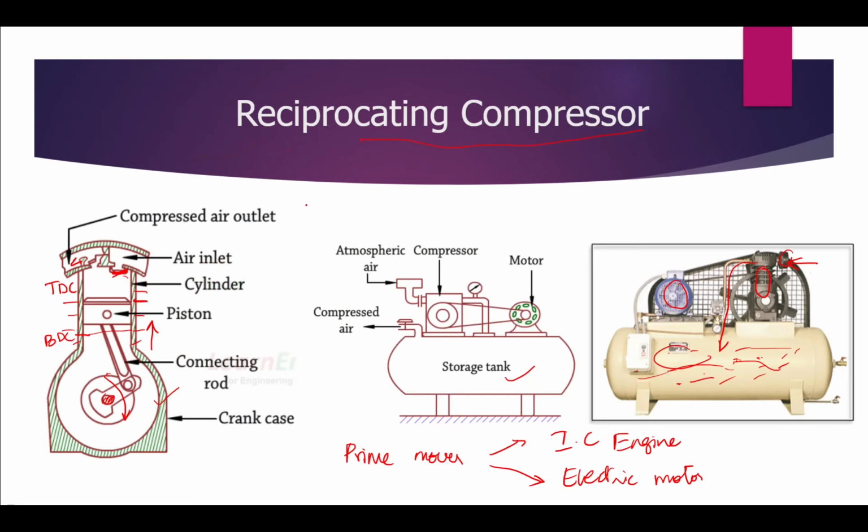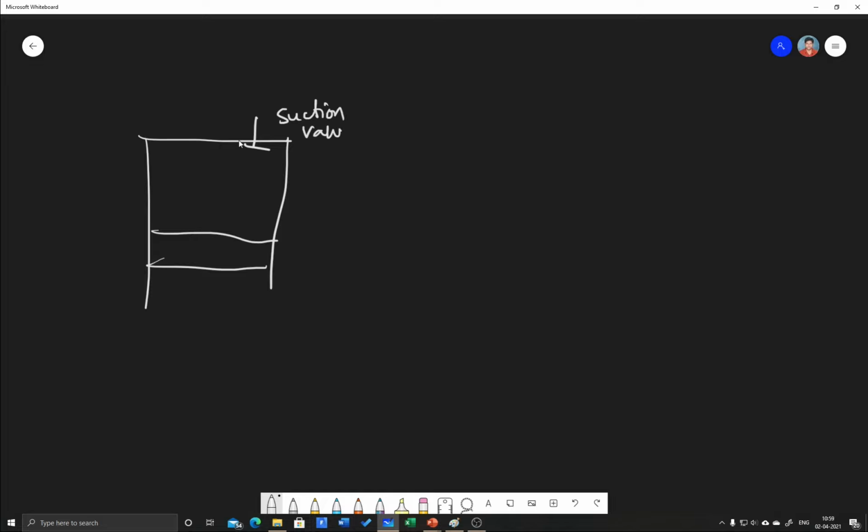If you see here, there is a piston and cylinder arrangement, this is the suction valve in which fresh air, or low pressure air, will be entering the system, and there will be a delivery valve. Here what happens is, when the piston is coming down, air will enter the compressor.